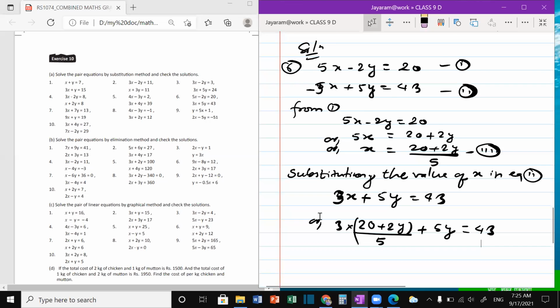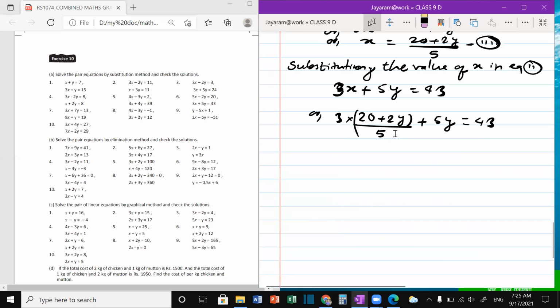After this, we have to multiply 2y and 20 and 5y with 3? Yes, that's correct.